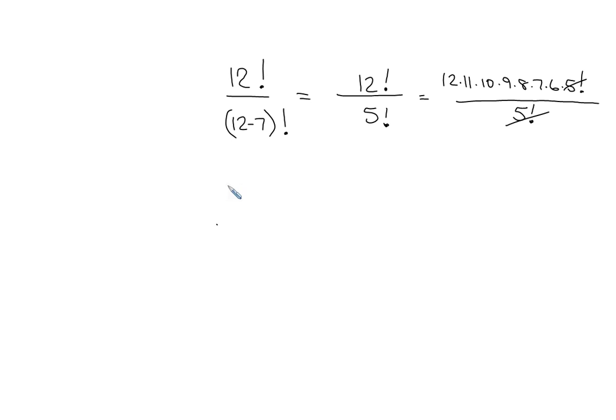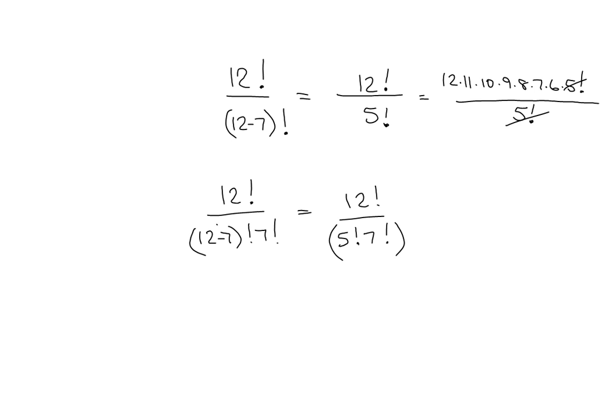Now, what if you were doing something like 12 factorial divided by 12 minus 7 factorial times 7 factorial? Well, what I would do is I would do it like this. But when I put it in my calculator, where am I going to have to make sure I put parentheses?